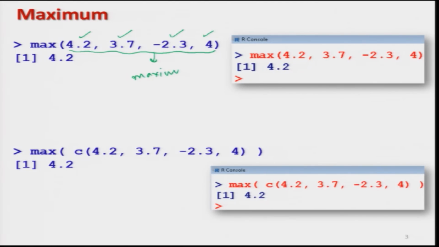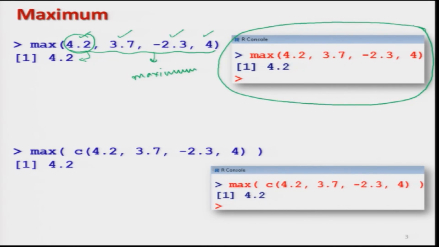Obviously, because there are only 4 values, you can see that 4.2 is the maximum value, and once you enter it here it will give you this value 4.2. If you do it on the R console, here is the screenshot. I will also be showing you later on how to do this.